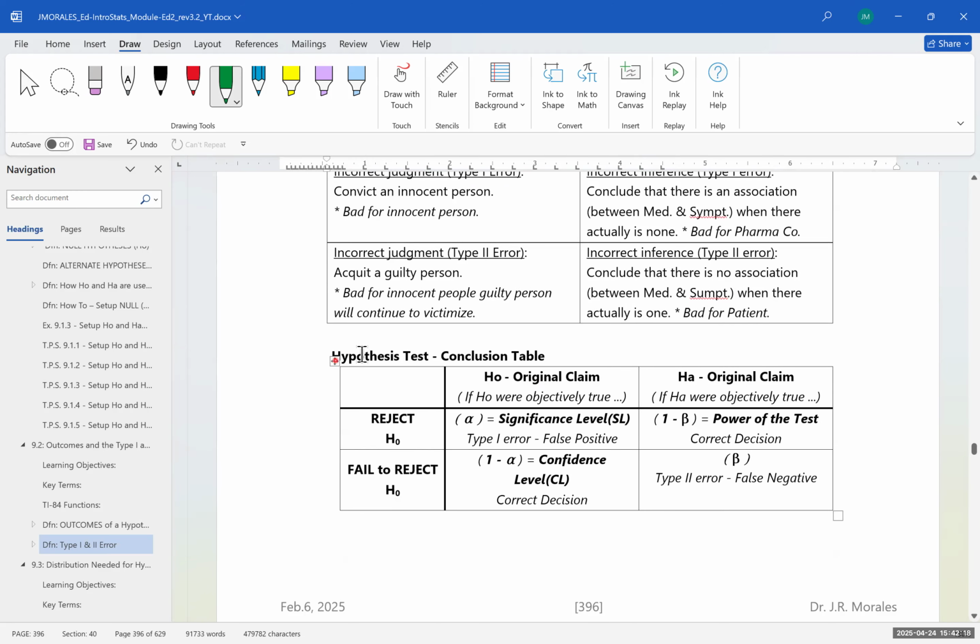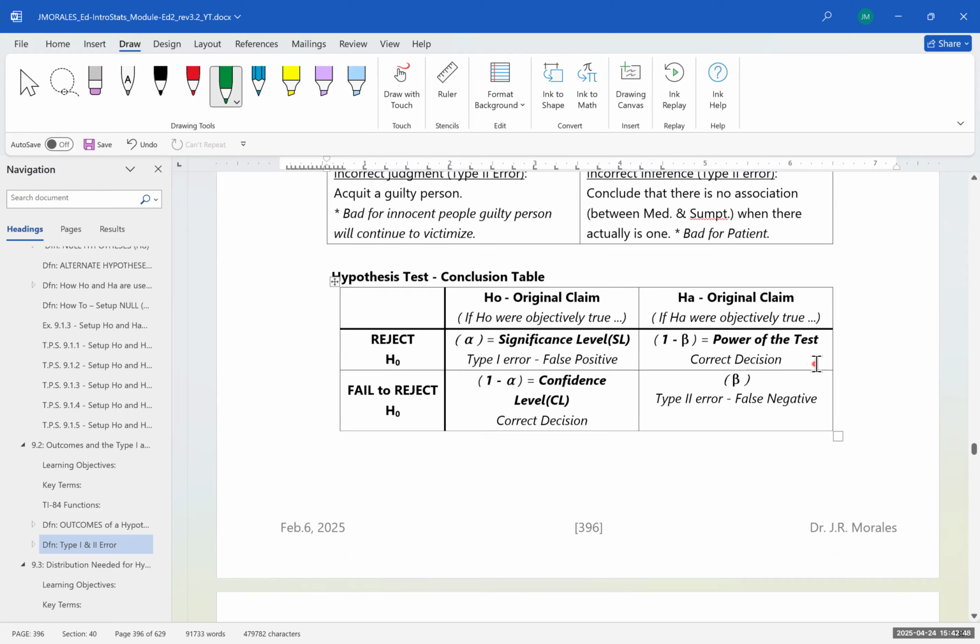And the only thing that I've done here is shown a conclusion table, which has the position of this value alpha, this value beta, this 1 minus beta, which is the power of a test, and 1 minus alpha, which is just the confidence level here. So this isn't the text I was referring to earlier, but this is fleshing out this idea of type 1 and type 2 errors.